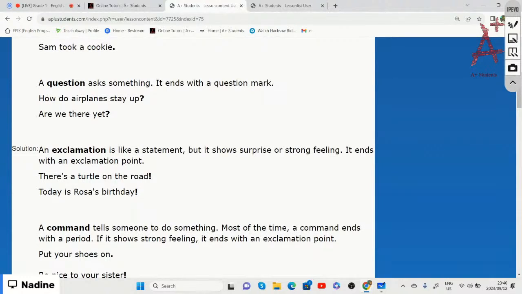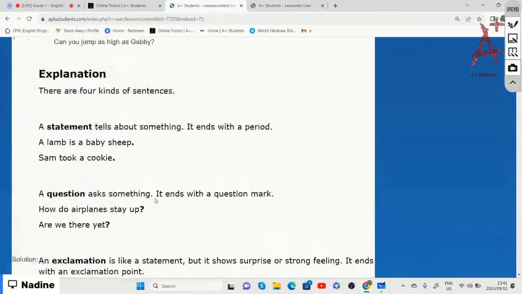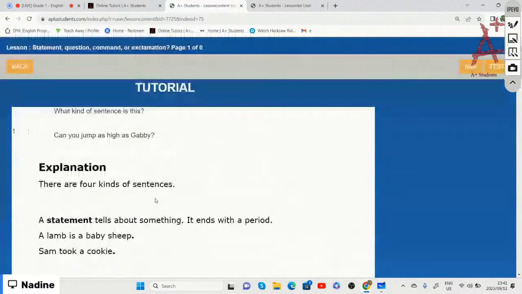Most of the time a command ends with a period, but if it shows strong feelings, then it ends with an exclamation point. And those are the 4 kinds of sentences.